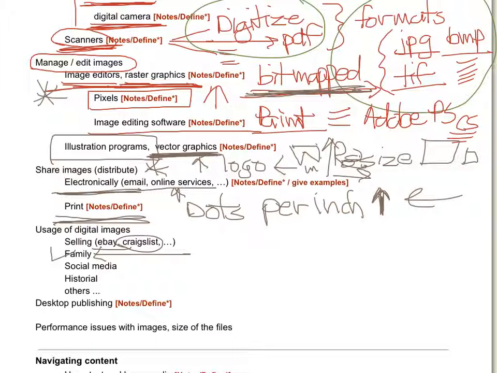You know, people sharing, children growing up, new house, all kinds of things in terms of family. Social media is very popular for the images you put on there. Obviously historical reasons, all kinds of reasons in the world to use images. A picture sometimes will tell the story so much better than words.